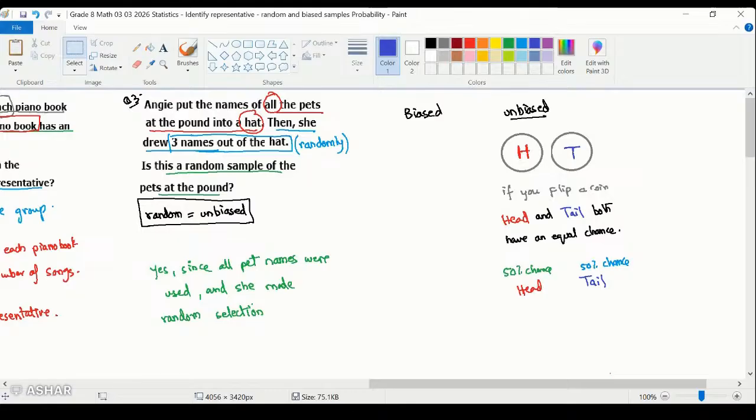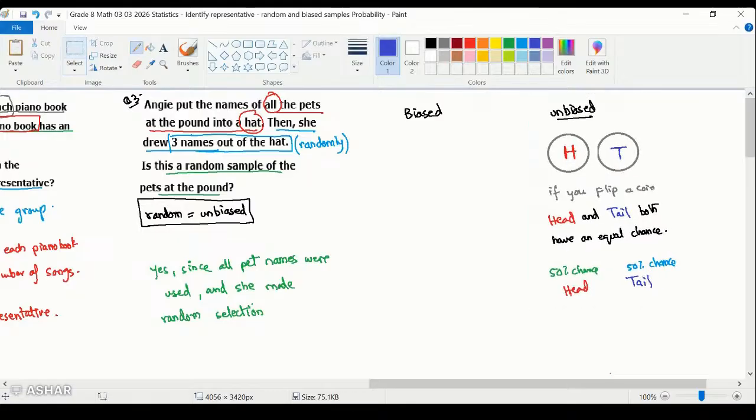But what will happen in a biased case? I'll give you an example. If you have another coin which has a head and a tail on it, let's suppose bias means we are trying to cheat.